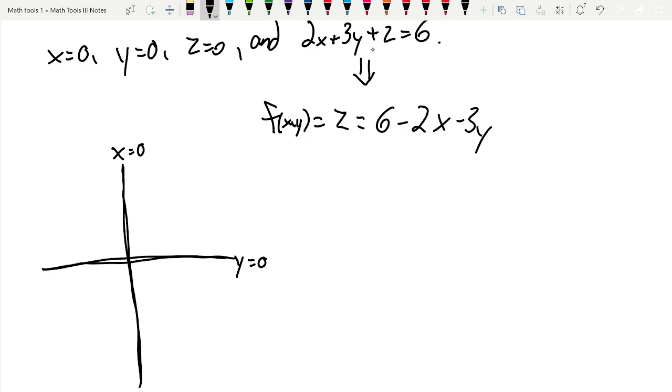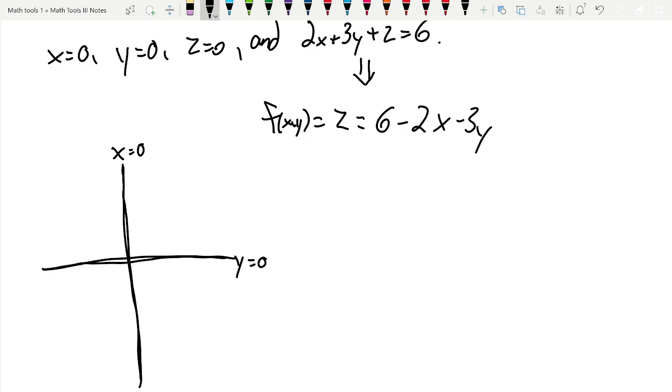If we were to project this down onto the xy plane, which is what we're looking at right here, you just make the z part equal to 0, because then you're just on the xy plane. And that happens to be one of our bounds anyway.